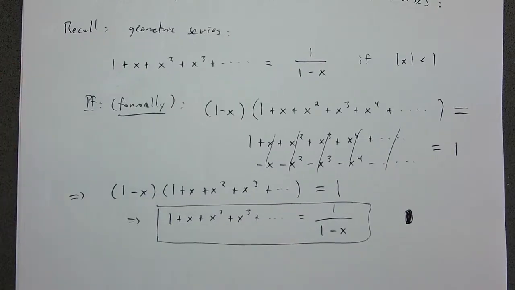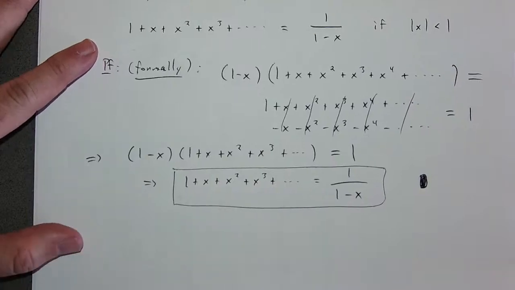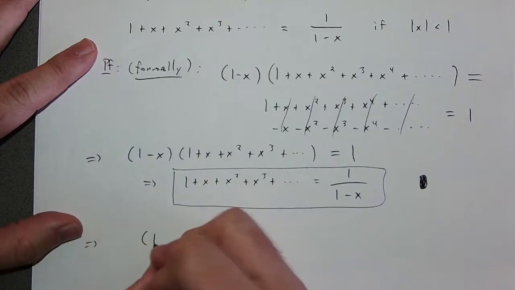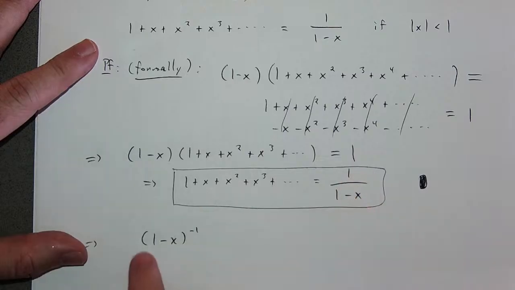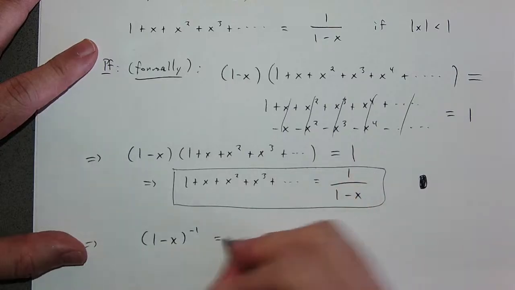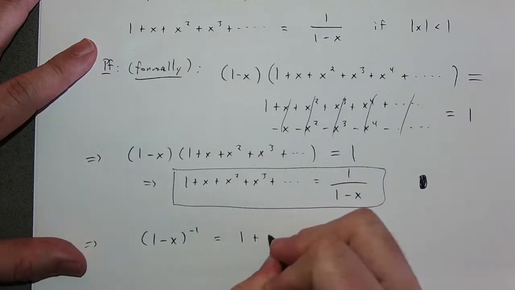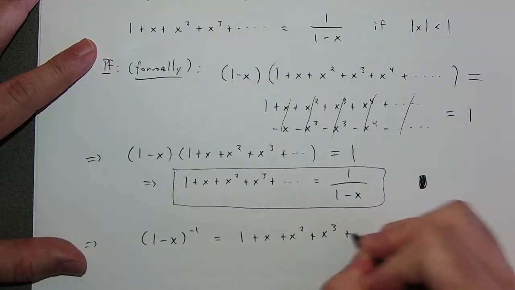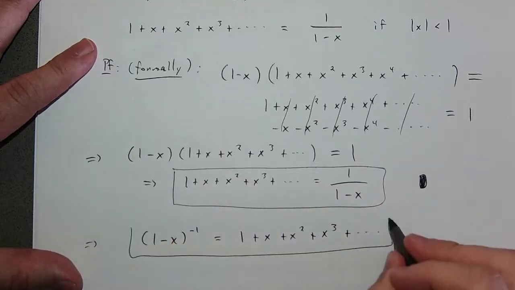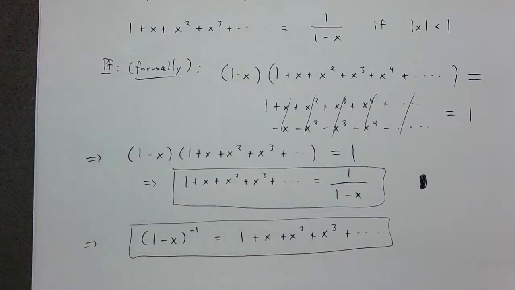Okay. Now how does this help me? Rewriting this ever so slightly, 1 over 1 minus x, I could write that as 1 minus x inverse. And so 1 minus x inverse is 1 plus x plus x squared plus x cubed and so on. And it's this form that gives me an idea, right?